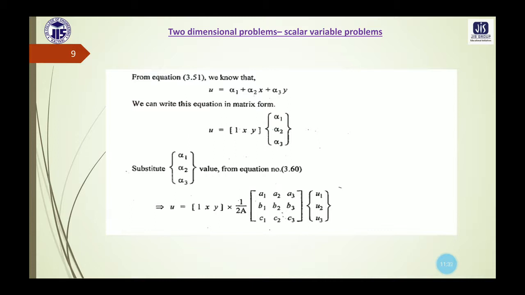Now if we substitute the values of alpha 1, alpha 2 and alpha 3 from the earlier equation, we can write u equals a row matrix of 1, x, y multiplied by 1 by 2a multiplied by a 3 by 3 matrix multiplied by a 3 by 1 column matrix of u1, u2, u3.